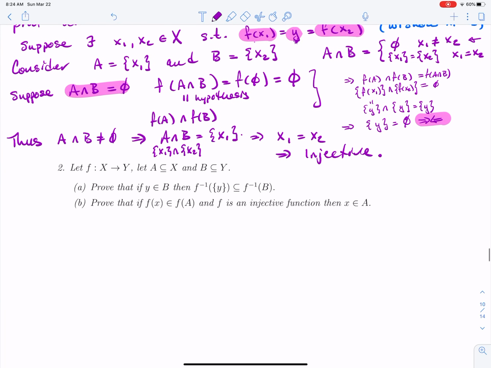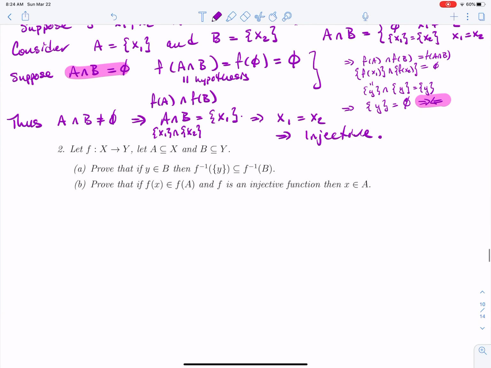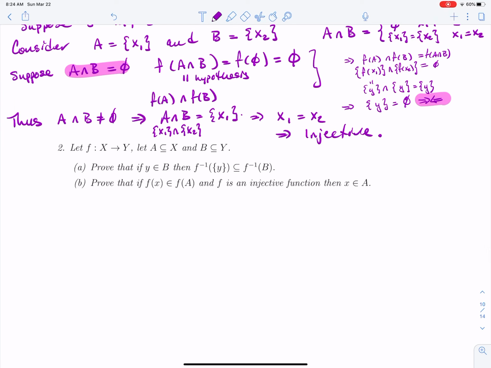Okay, so now let's look at the next statement here. We've got a function again, and we've got a subset of x and a subset of y. The first statement really only addresses the subset of y, so let's pay attention to that for a second.